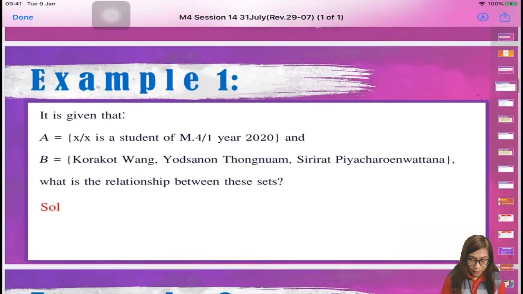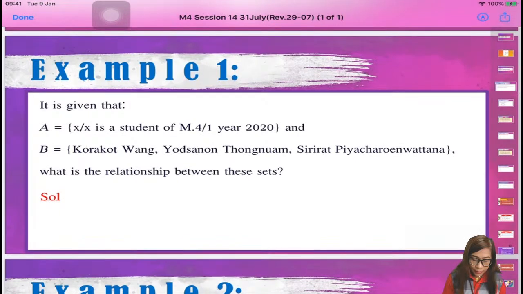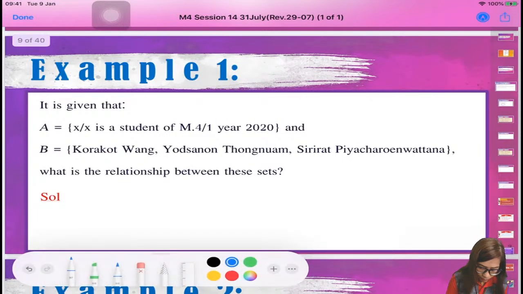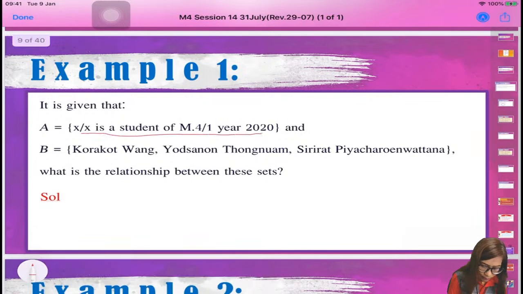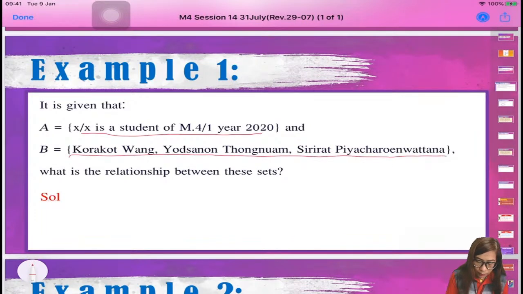So if you see, you have set A, the set of all M4 students, and B is the set of 3 students from M4/1.